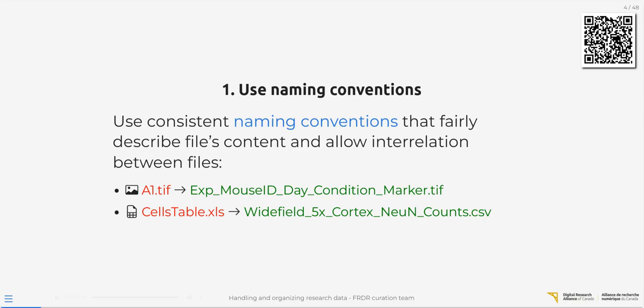Or instead of cells_table.xls, use something more specific like widefield_5x_cortex_noon_counts.csv. This small effort makes a huge difference when you, or someone else, revisits the dataset later.